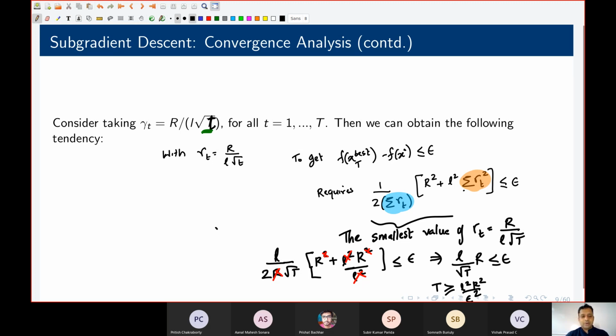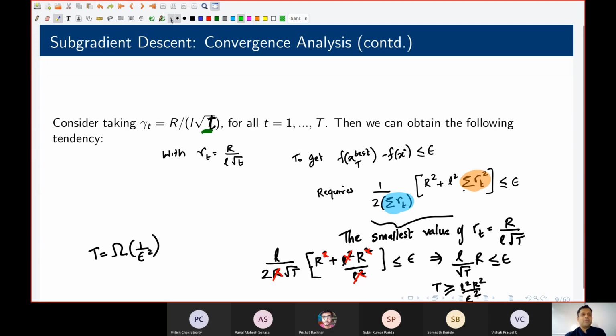Okay, so this basically amounts to saying that T is omega of 1 upon epsilon square. Okay, for all the hard work. Now, is this something we are happy about? I mean, we had to work really hard to get so far.